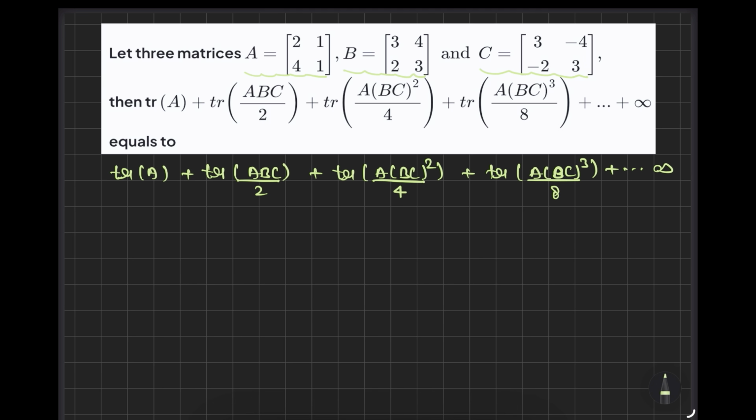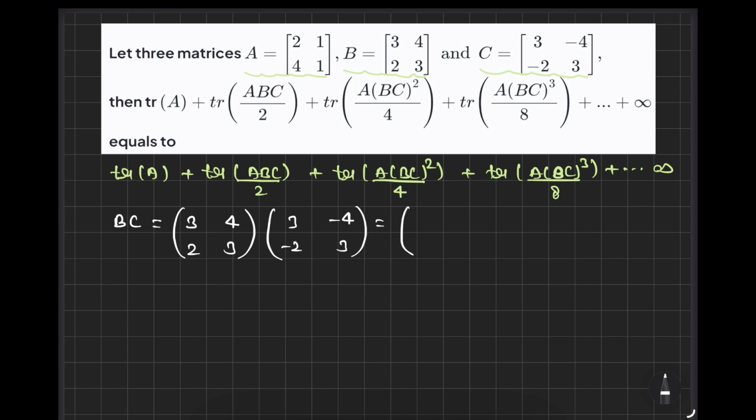So if you will observe, the most irritating part is BC, correct? So first we will try to find out who is BC. Okay, so BC is what? B times C. So let's multiply the matrix B with C. So 3 2 4 3, then C 3 2 4 3.